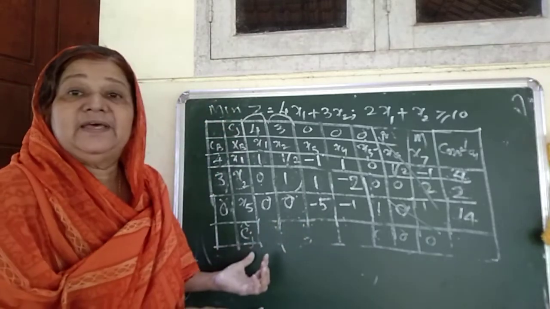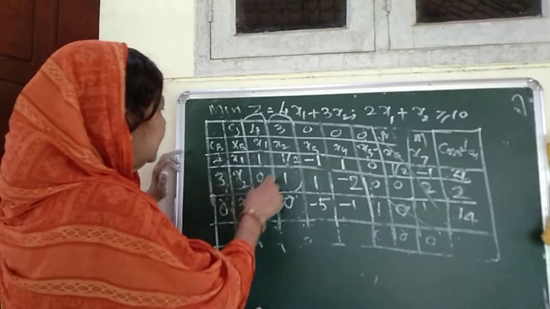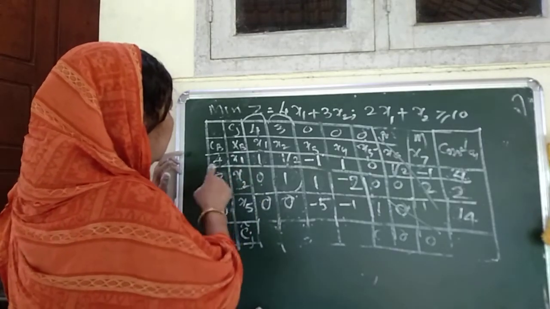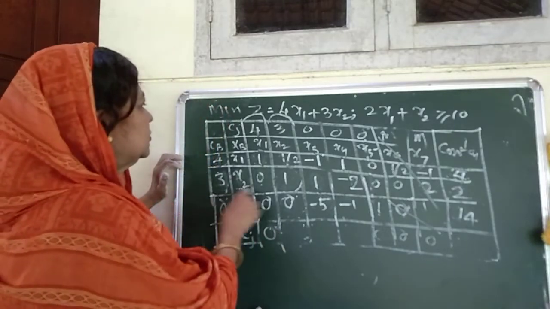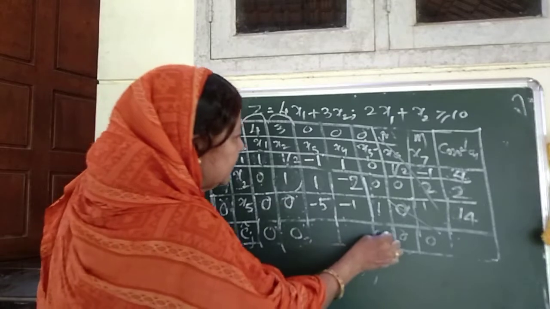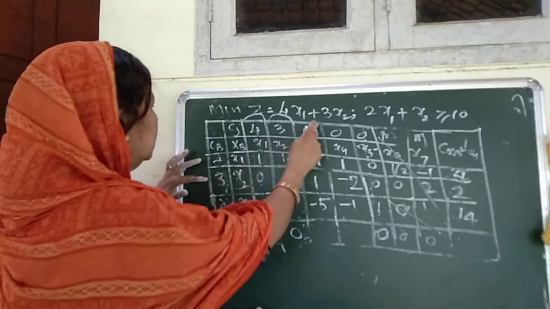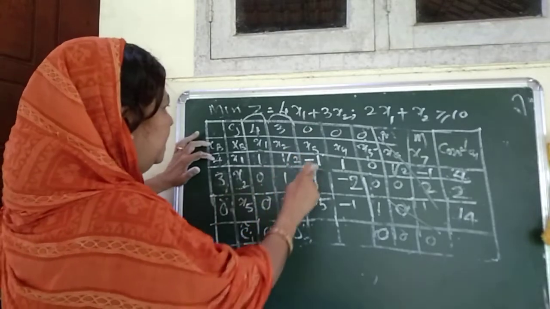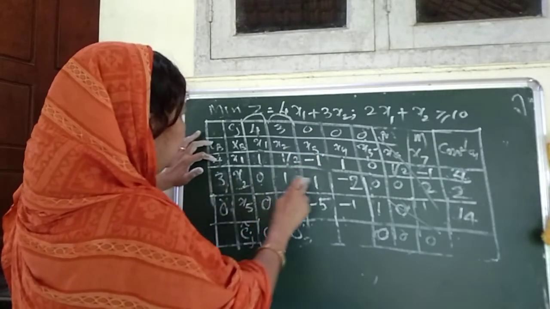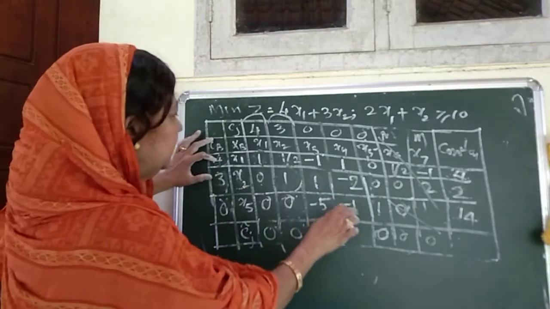So we have to check whether it is the optimal solution. For that, x1 is in the basis, so it is 0. x2 is in the basis, so it is 0. x5 is in the basis, so it is 0. Also, 3 is 0. Minus 4 plus 3 gives 1. And also here we get 2.